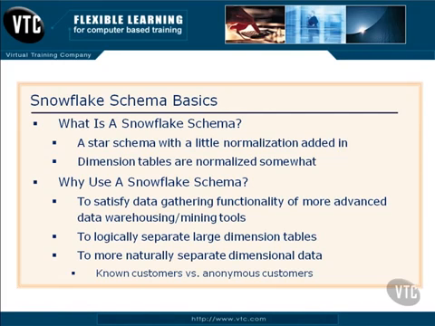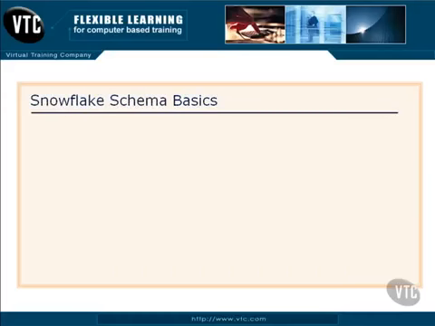If you think about this, if you have a website out there and you sell memberships, and so your members are buying product, but also people can purchase without being members. Well, I may want to see data on my members and on my anonymous customers so I know what's appealing to each one of them. In that situation, if I'm building a data warehouse, I may want to put my known customer dimensional data in one dimension and my anonymous customers in another one. And there's a lot of different ways to go about this.